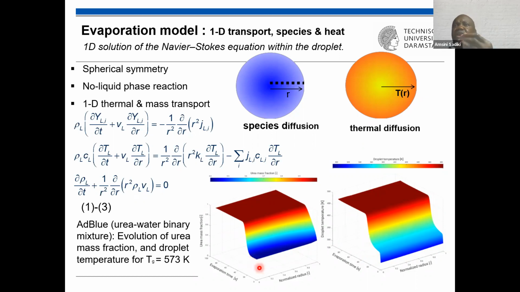So first we have water which evaporates, and the urea is starting to evaporate, and then we have a strong evaporation of urea. And this is the phenomenon which occurs within the droplets for the spatial diffusion and here for the thermal diffusion.